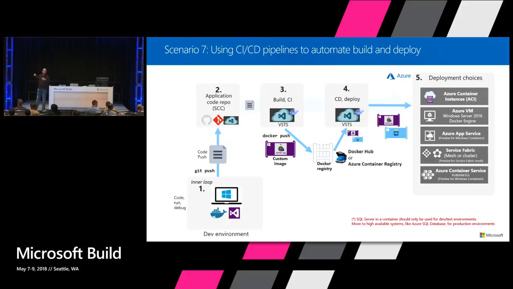But the critical piece here, or what's new compared to traditional DevOps or traditional CI/CD, is the Docker registry in between with the Docker images. And this is great because when you create an image, it's like a snapshot of your application with a specific version, and if it's working in this environment, it will work in a comparable environment for sure, because you have all the dependencies in that container.